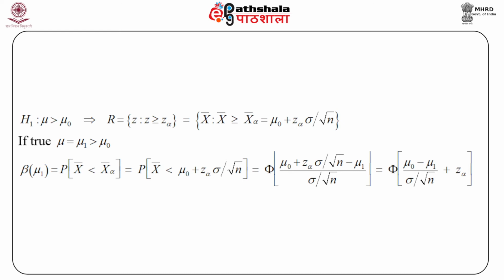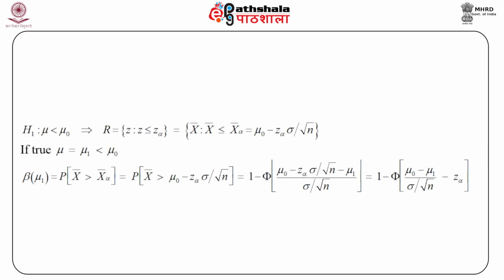This can be further simplified and is equal to phi of mu 0 plus z alpha into sigma by root n minus mu 1 upon sigma by root n, which is equal to phi of mu 0 minus mu 1 upon sigma by root n plus z alpha.